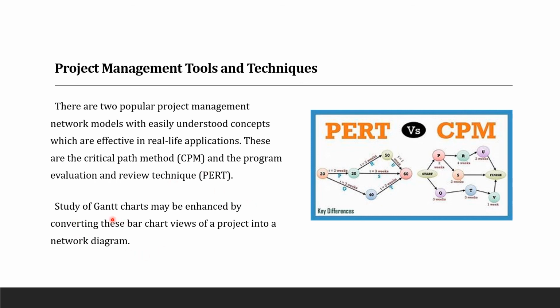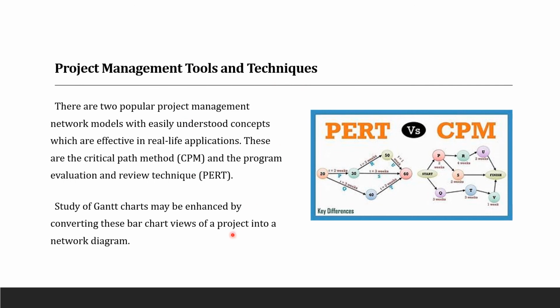Now, study of Gantt charts. In this scenario, we're going to do it in maintenance management, maintenance projects. So now, the study of Gantt charts may be enhanced by converting these bar chart views of a project into a network diagram, and I'm going to show you that. So CPM and PERT, we do the same thing.